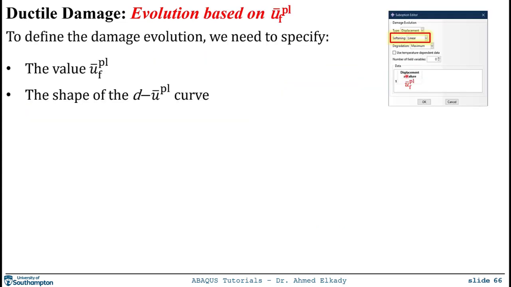Let's start with the definition based on the displacement. Here, if I choose the displacement, I need to specify two things. I need to specify the actual value of this plastic displacement, and then I need to specify the shape of the damage parameter to plastic displacement curve. This is called the softening curve.